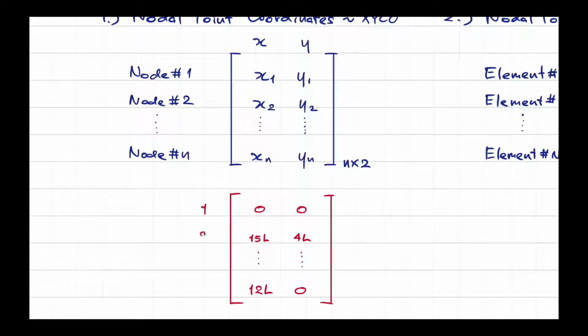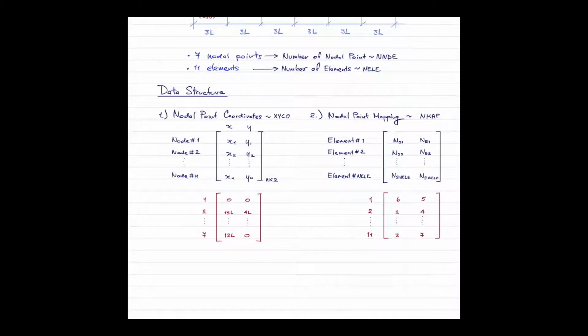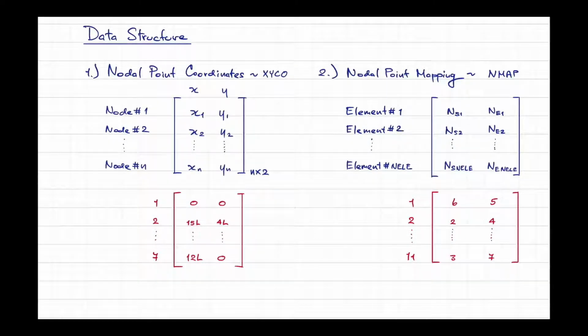So this is node 1 and node number 7, element 1, element 2, and then element number 11. This process here, manual. It is the input.